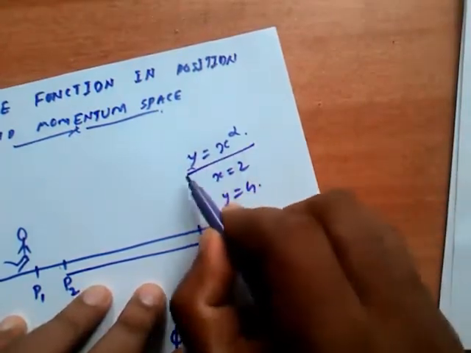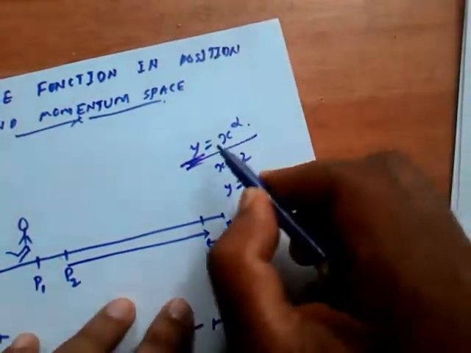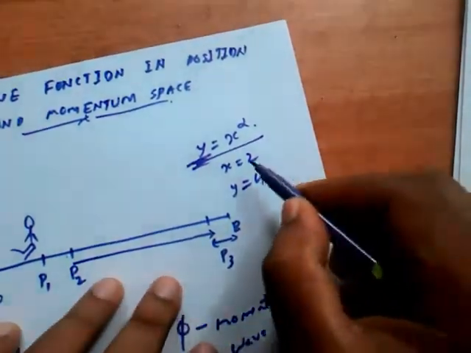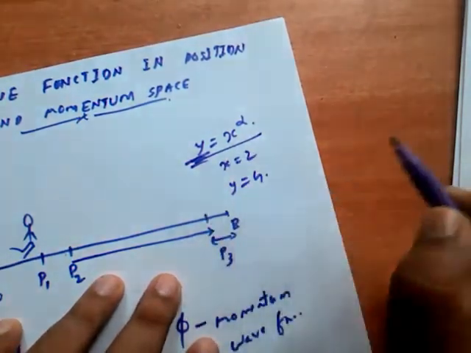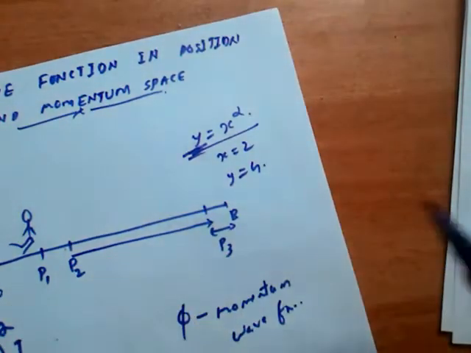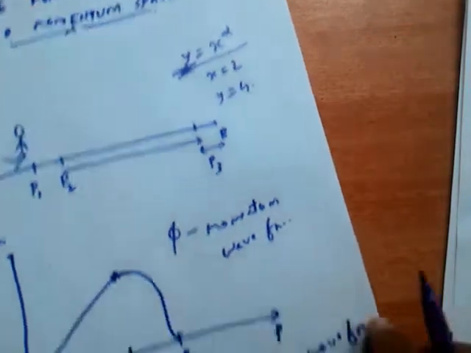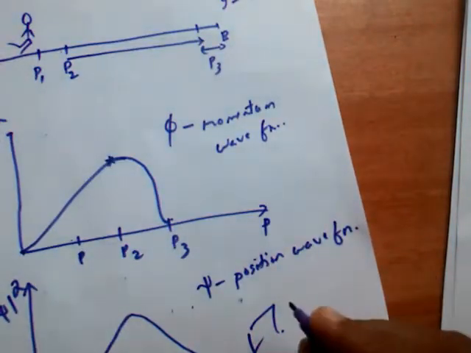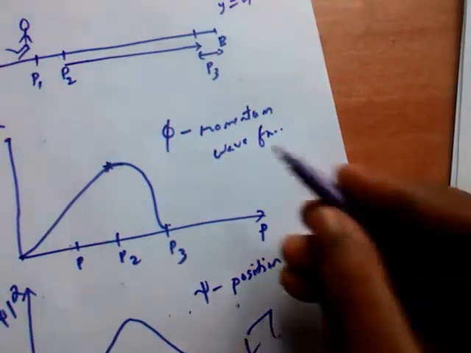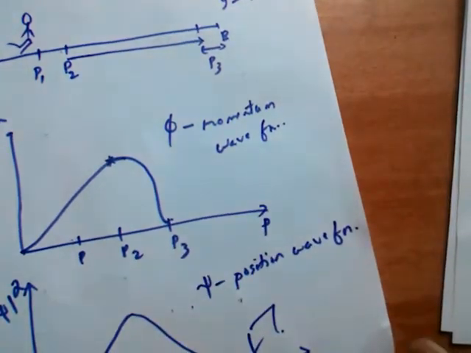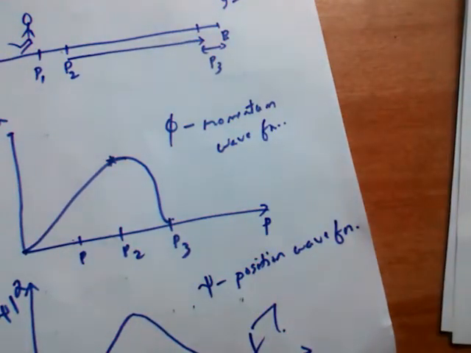This is a function of x. When I'm giving an input, I'll get an output. That's a function. So the position wave function or momentum wave function, generally wave function, is also like that. If you are giving some input, we'll get an output.